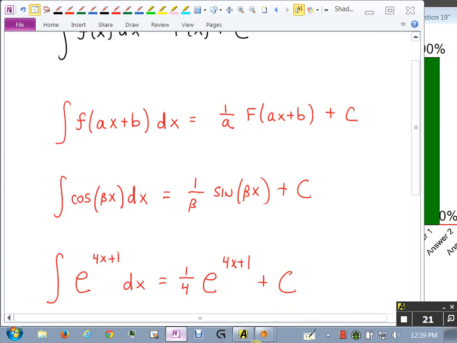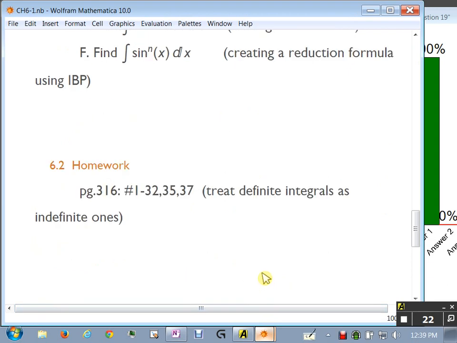The homework assignment for this section is here. And I want to point out something to you. When you're doing your homework, if you're asked to find the antiderivative, and they have numbers like 2 and 4 here, and then they give you some function like x sine x dx, I want you to ignore the numbers, act like they're not there.